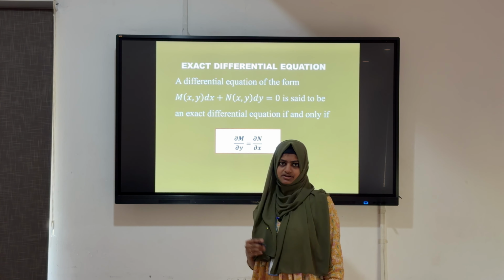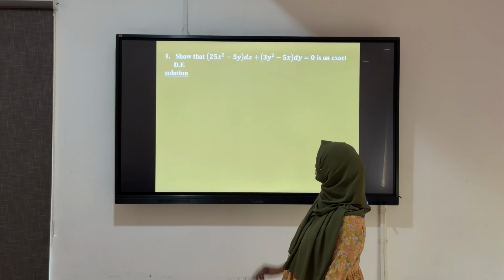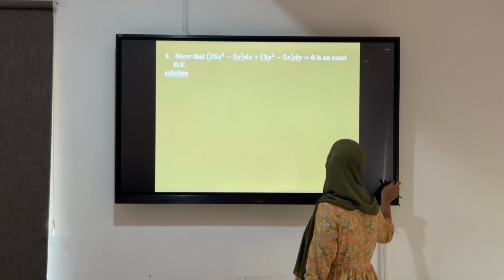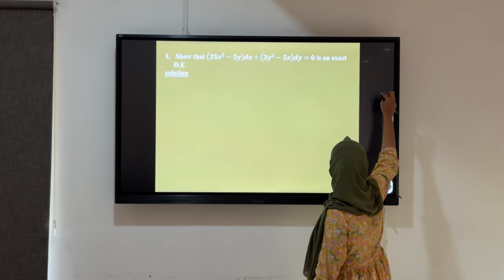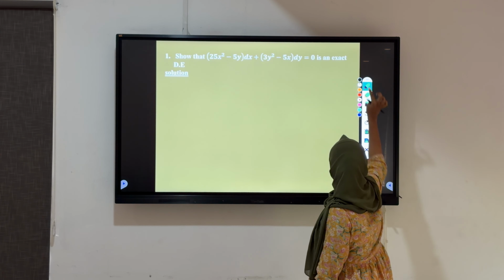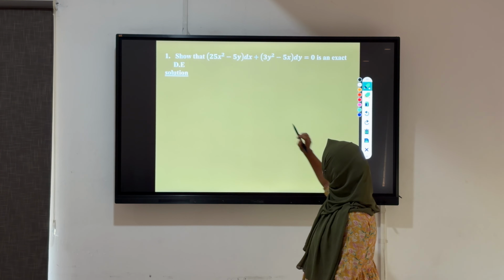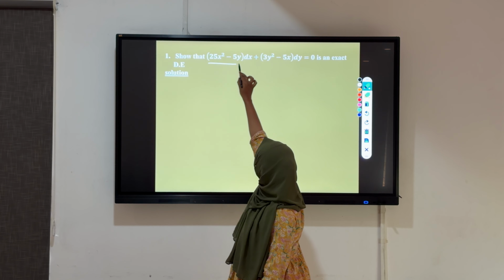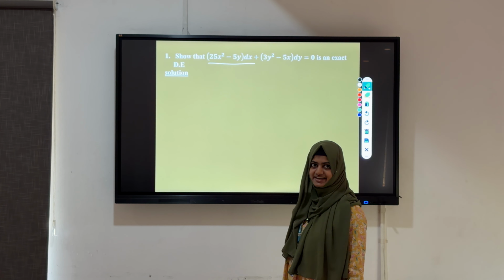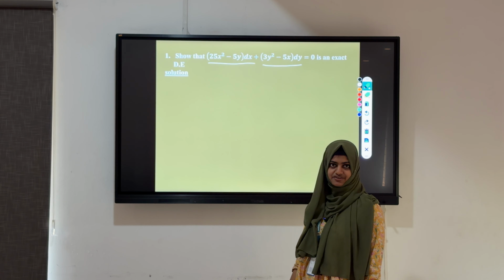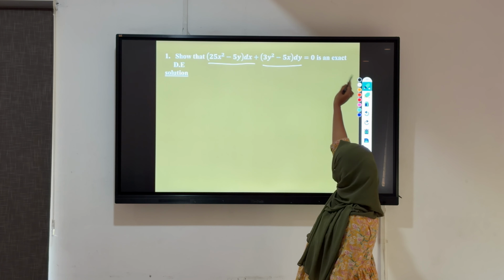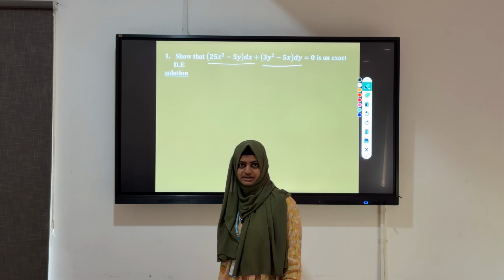We can do some problems. First one, show that (25x square minus 5y) dx plus (3y square minus 5x) dy equal to 0 is an exact differential equation.